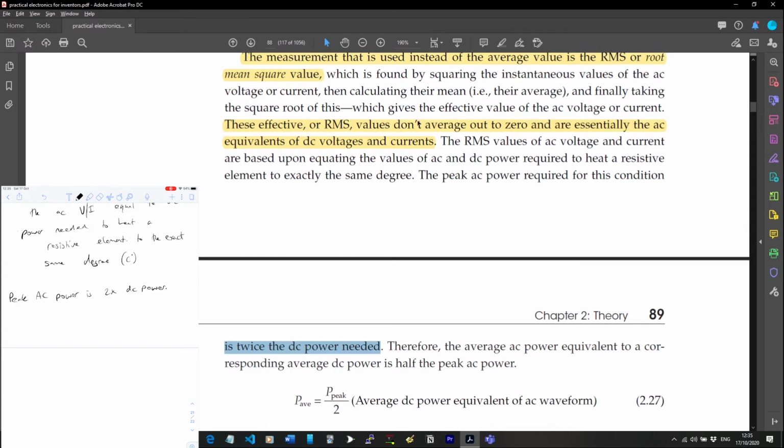Talking about finding square root, so root mean square, which I'm fine with. Then we say the root mean square values of the AC voltage and current are based upon equating the values of AC and DC power required to heat a resistive element.